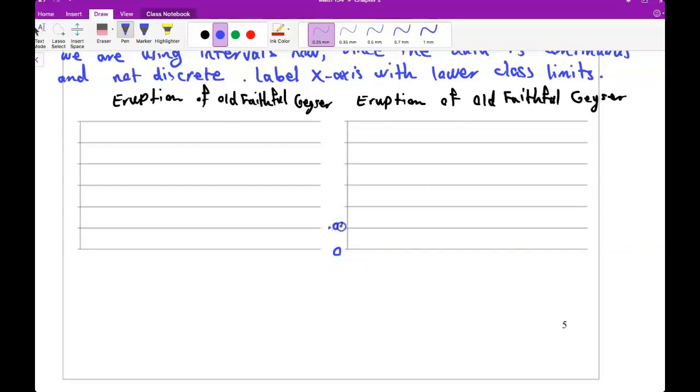Here is 5%, 10%, 15, 20, 25. So this one is for relative frequency. And here is frequency.